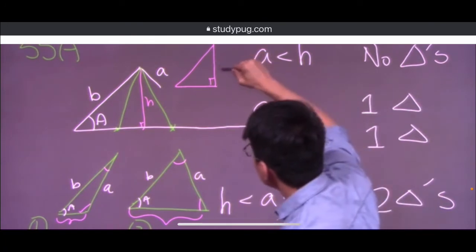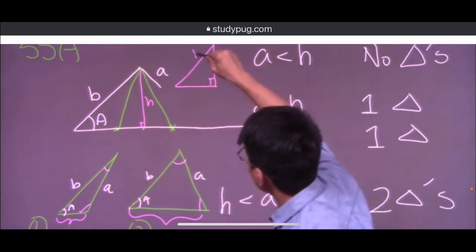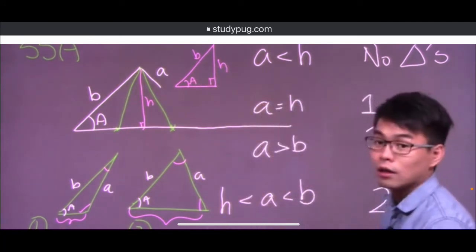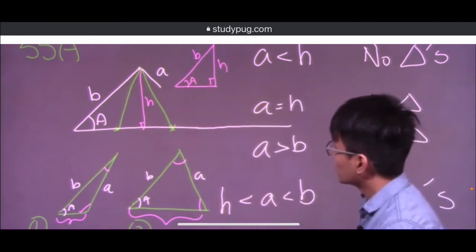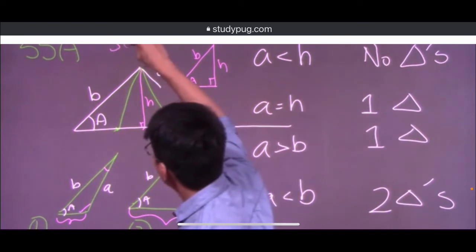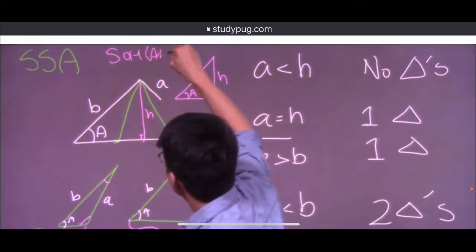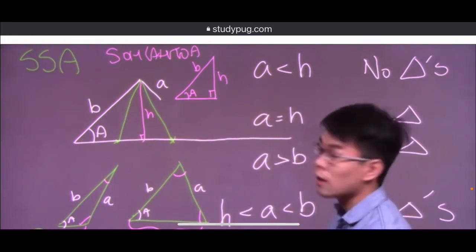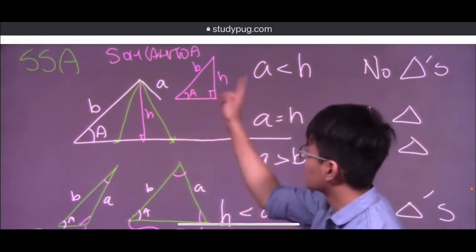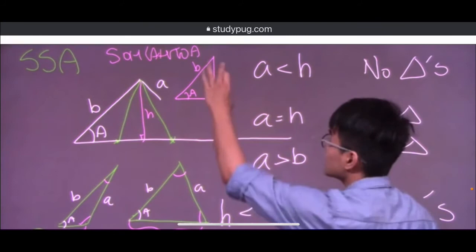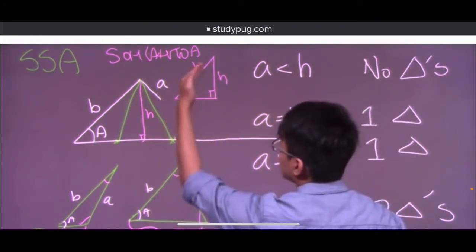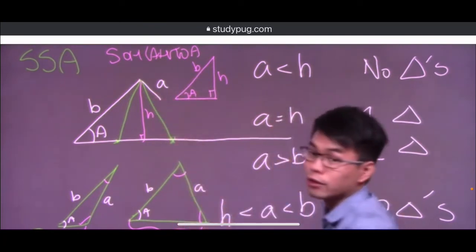This is H. This is B. This is angle A. If we use SOHCAHTOA, what's the relationship between these three things? This H here is opposite to angle A, and B is simply the hypotenuse of this right triangle.